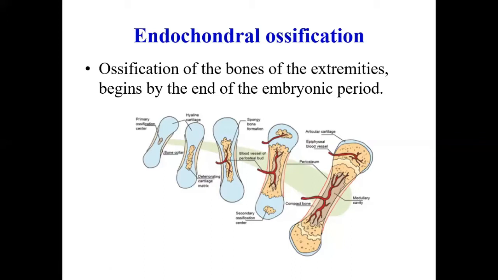Between 8 to 12 weeks, all the primary centers for the bones appear. From the primary ossification center, we get the part of the bone known as the diaphysis. The primary ossification center will give rise to the diaphysis, and these diaphyses are ossified by the endochondral ossification process.